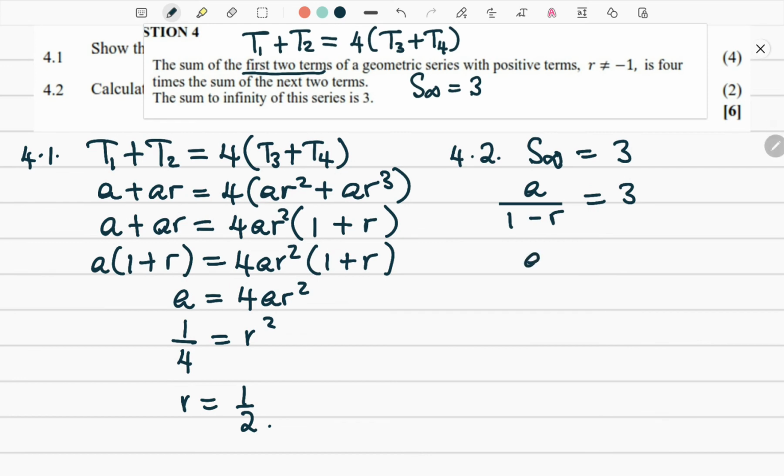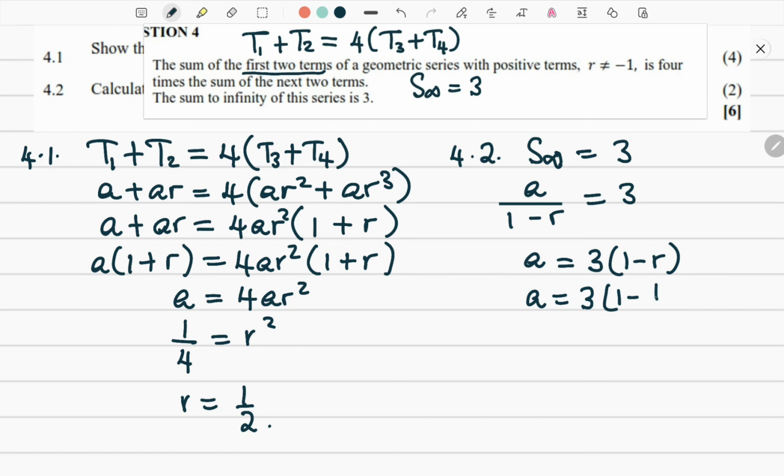Cross multiplying, a equals 3 times 1 minus r.